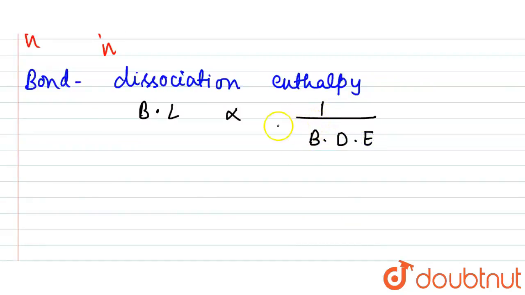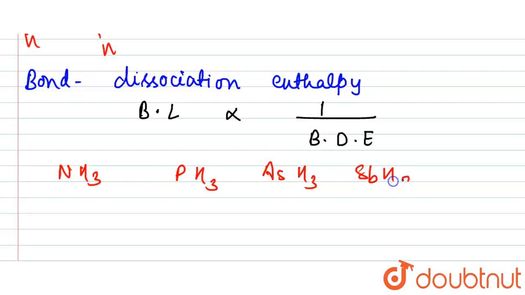If we talk about the bond angle in NH3, PH3, AsH3, SbH3, the bond angle in ammonia is less than 109 degree 28 minutes.